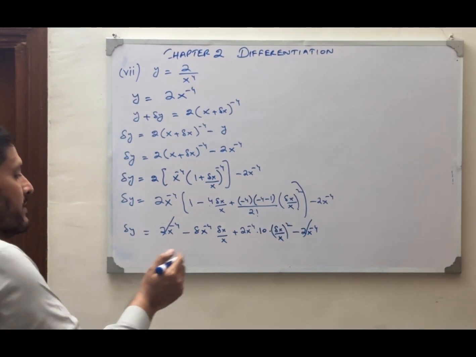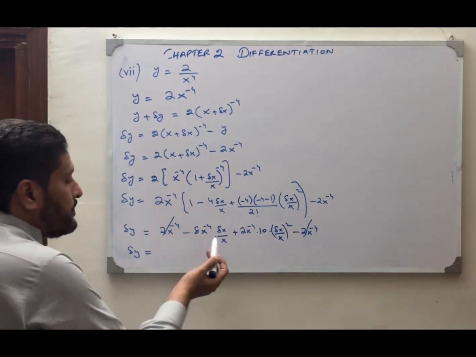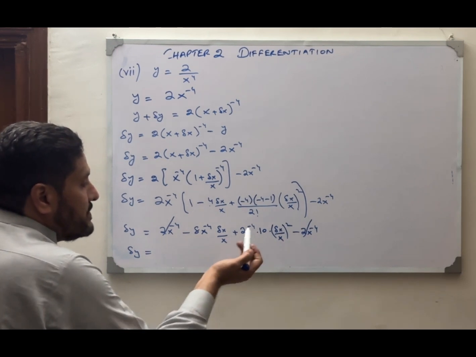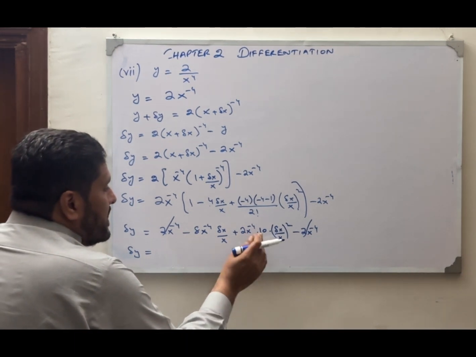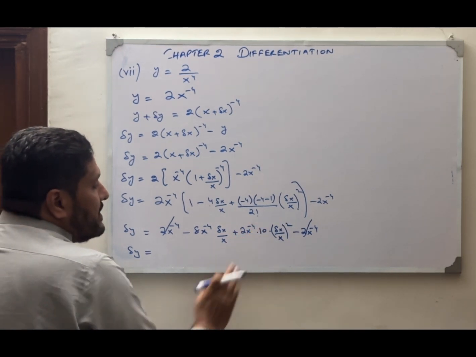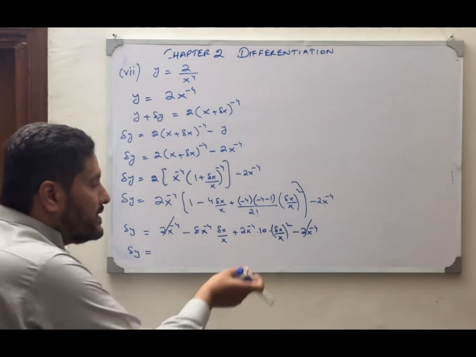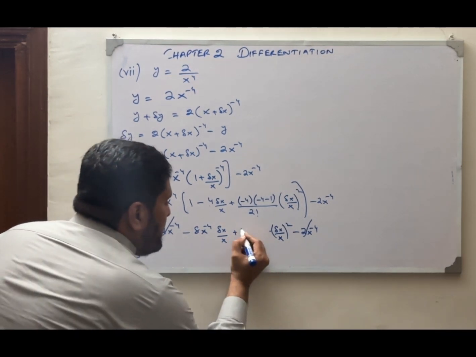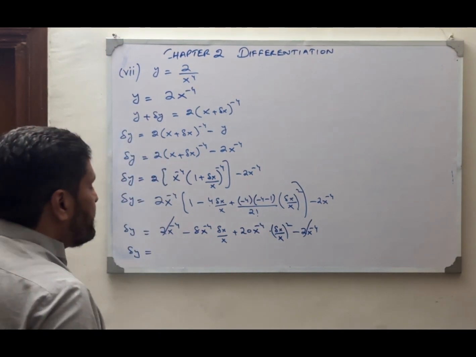So for our remaining terms, we can take delta x by x common out of these two expressions. I am writing it directly: 2 into 10 will become 20x power minus 4. So I am omitting one step and directly writing it here.